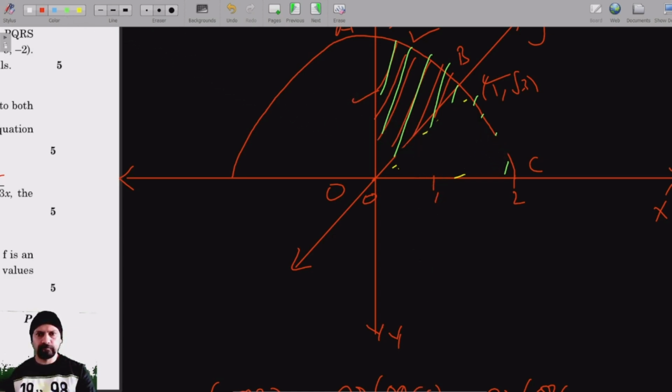If I draw a line from here, so this is now 1 because the coordinates of this point are 1 comma root 3.